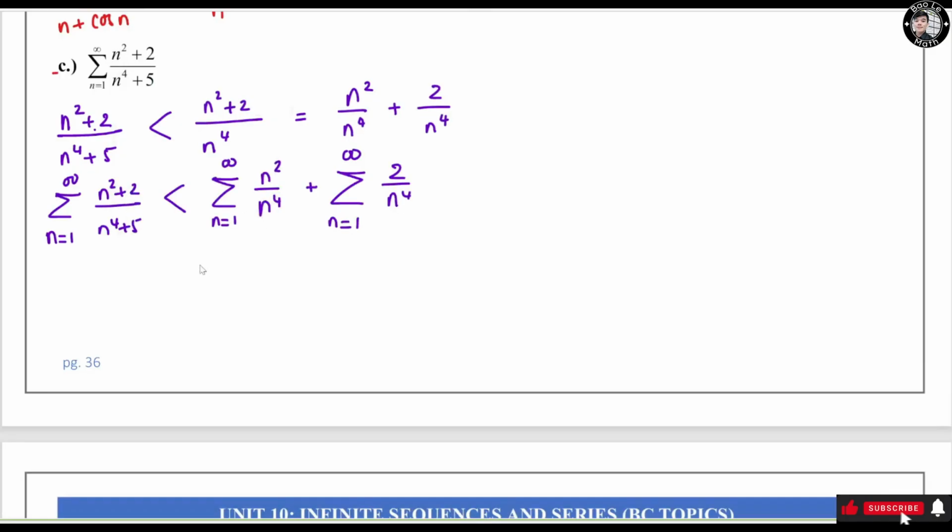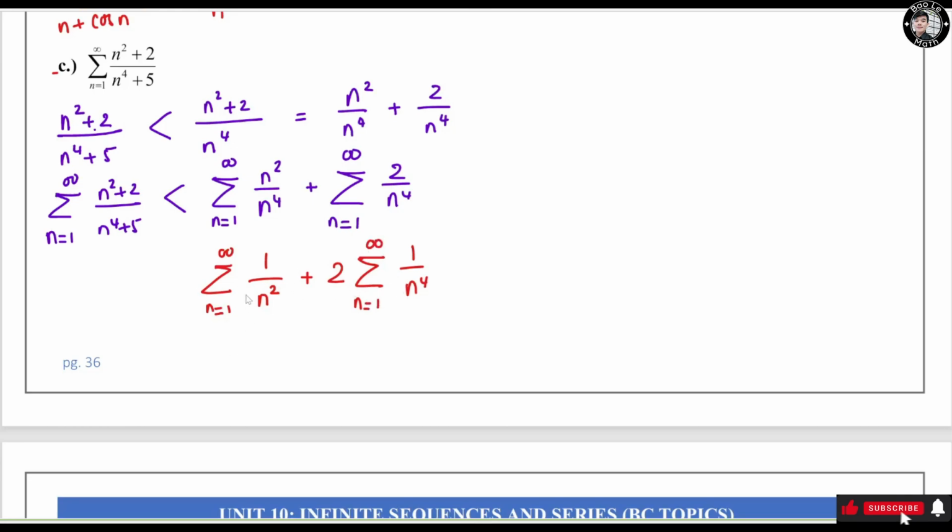Now I can simplify this one, so this turns out to be sigma when n goes from 1 to infinity of 1 over n squared, plus I can bring the 2 to the front, so I have 2 sigma of 1 over n to the 4, n goes from 1 to infinity.